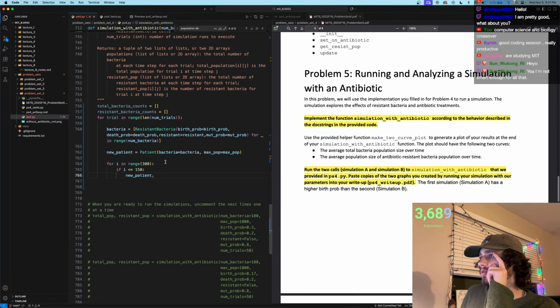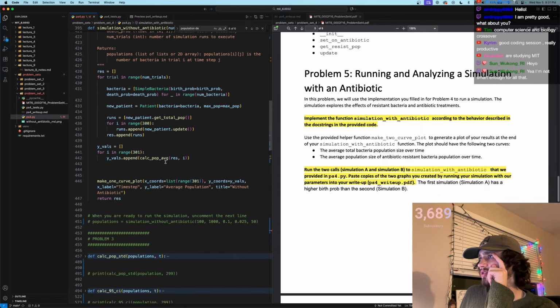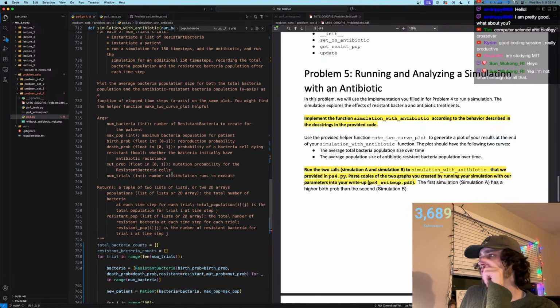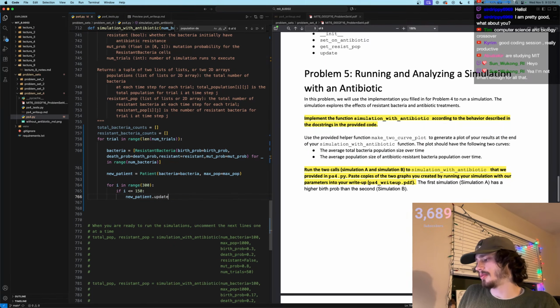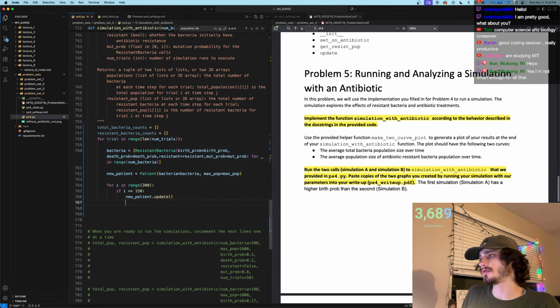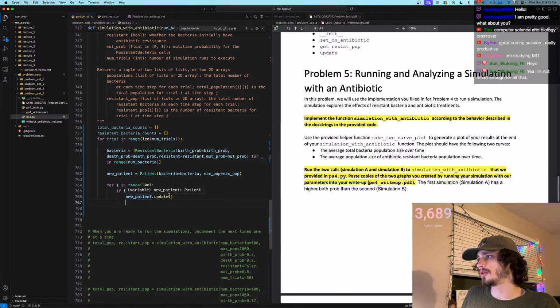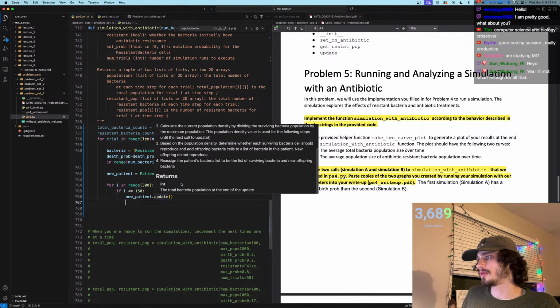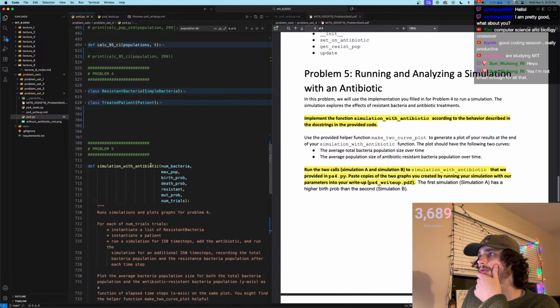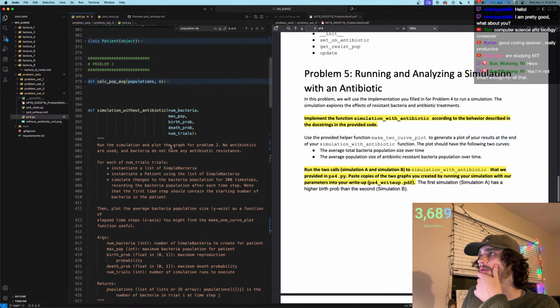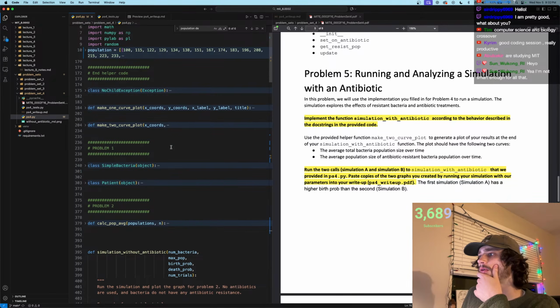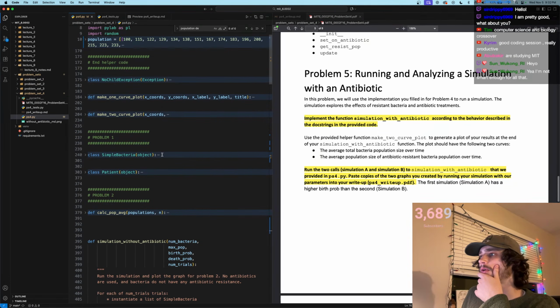So we say, I don't even know. We say new patient. Oh, we say new, so we say patient dot update. We call the update function. The update function returns us the tuple of... oh yeah, so this is just a singular patient.